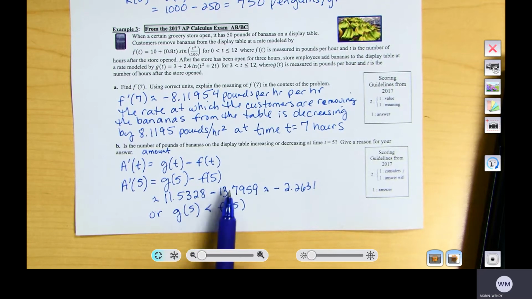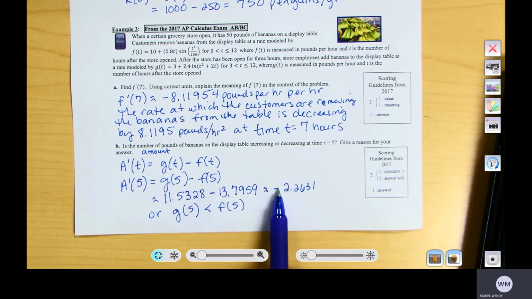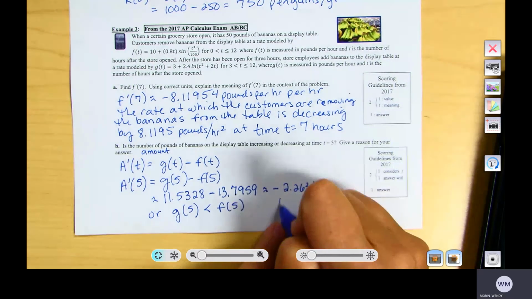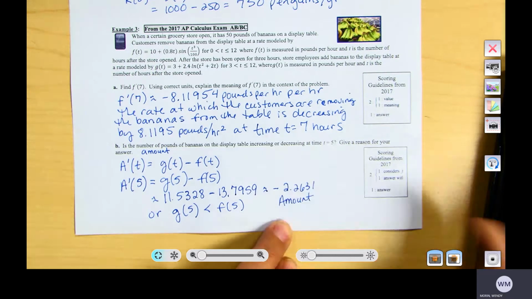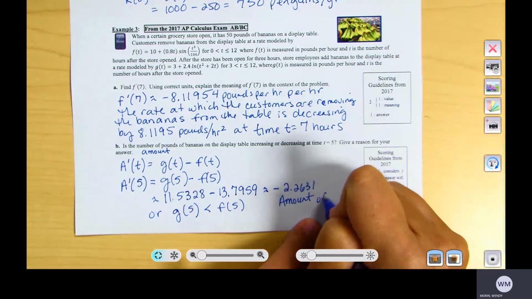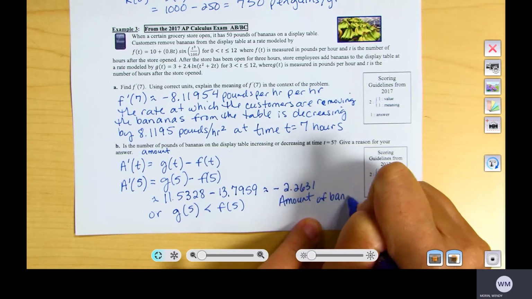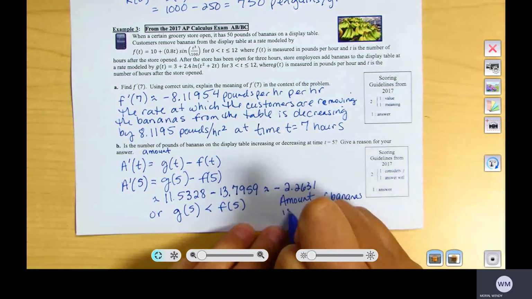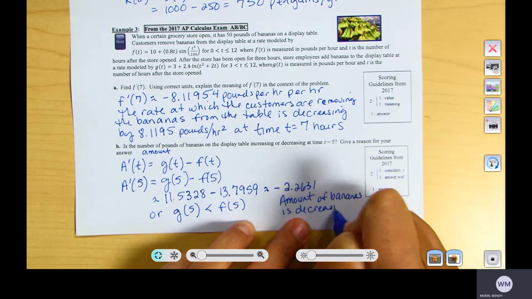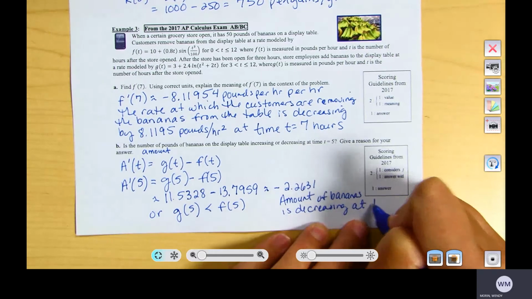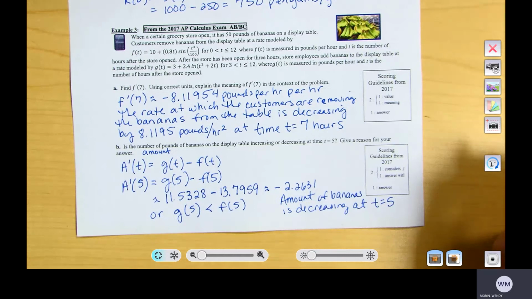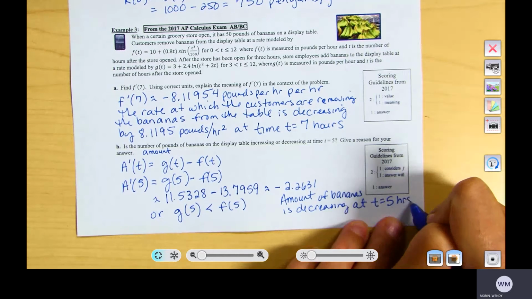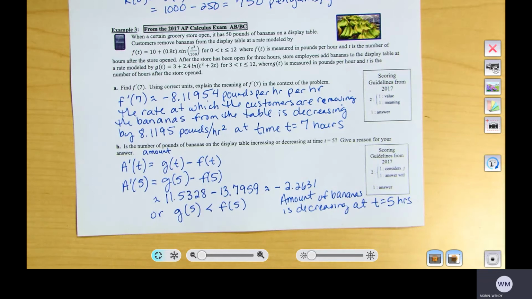So if your rate on is less than your rate off, or the rate is negative, that means that your amount of bananas is decreasing at time t equals 5. In this case, what is the unit? 5 hours. So that is similar to the motion problems.